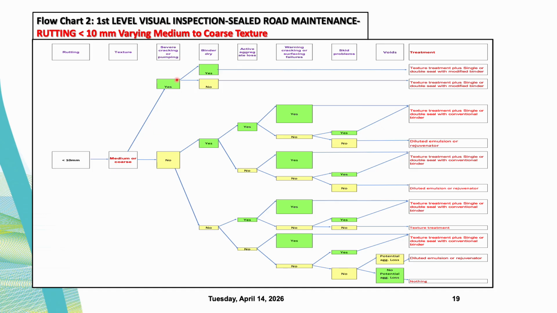Again, you ask the question above: severe cracking, yes or no, binder dry, yes or no, aggregate loss, yes or no, warning cracking or surfacing failures or skid problems, yes or no, or voids, yes or no. And that will take you through from defining the problem, quantifying it, and getting the treatment that you can do on this first level of visual inspection of a sealed road program.